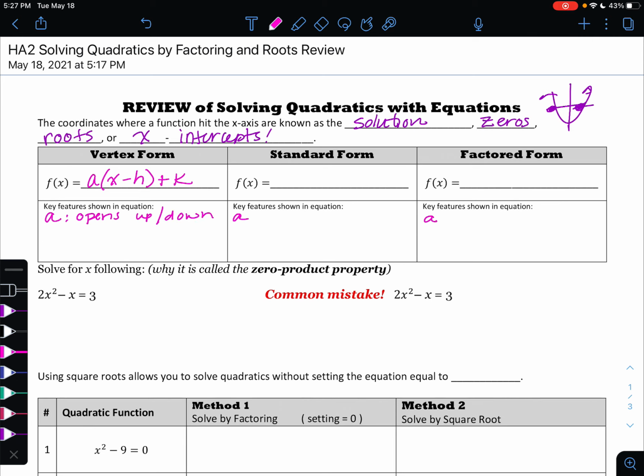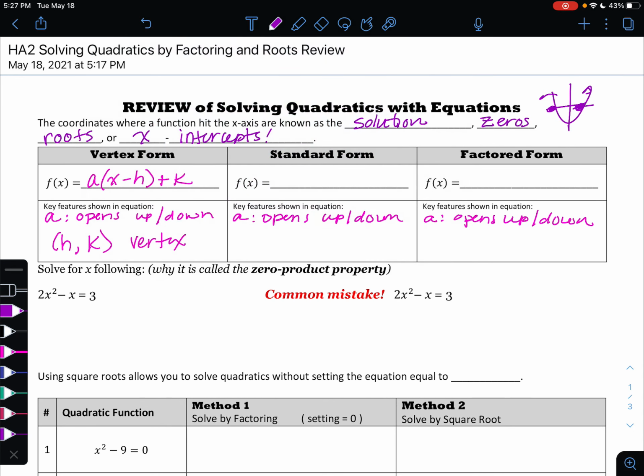It's our leading coefficient. But this one tells us our vertex. So that's a way that we really like to see where our vertex is.